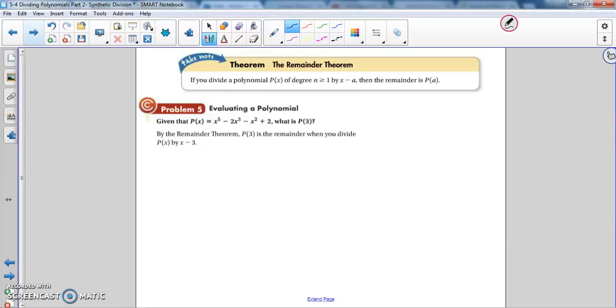So by the remainder theorem, p of 3 is the remainder when we divide p of x by x minus 3. If we use synthetic division, it's the same thing as if we evaluated the polynomial p at 3. So I'm going to put 3 on my outside because it's the same thing as dividing by x minus 3. And when I'm on the outside, I need to take the opposite.